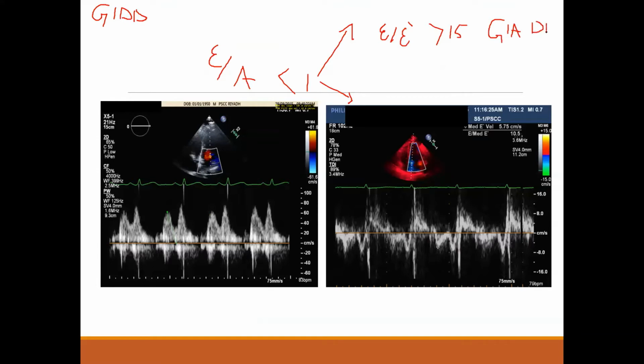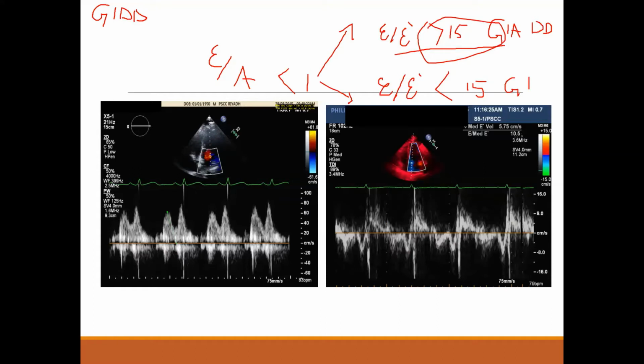And if E over E prime is less than 15, we call it grade 1. When it is more than 15, it means we have elevated LVEDP. That's why we have to distinguish it from when there is no elevated LVEDP.